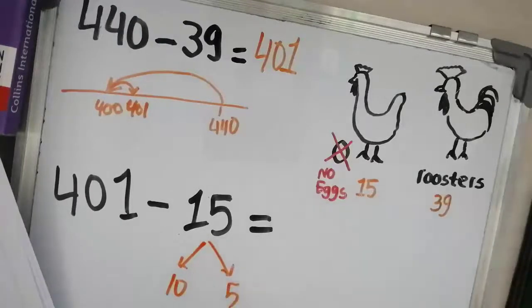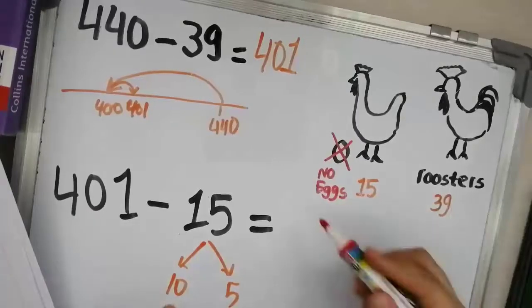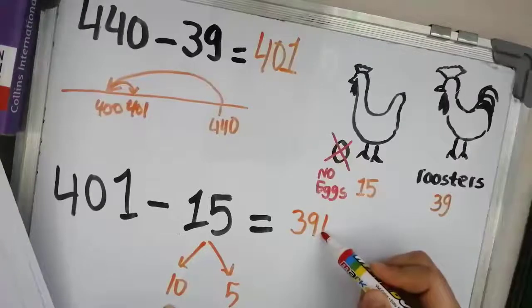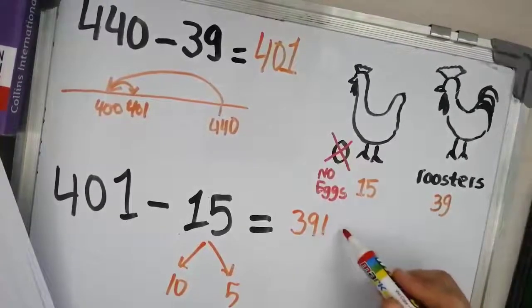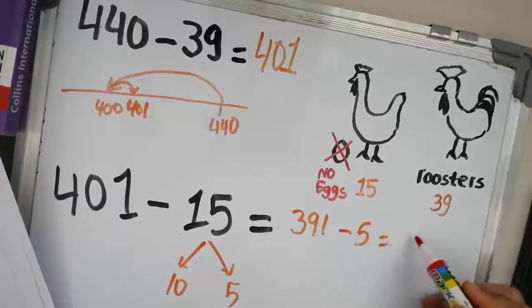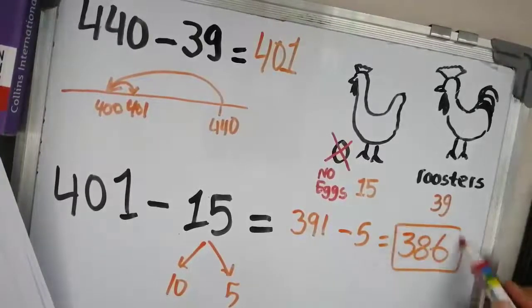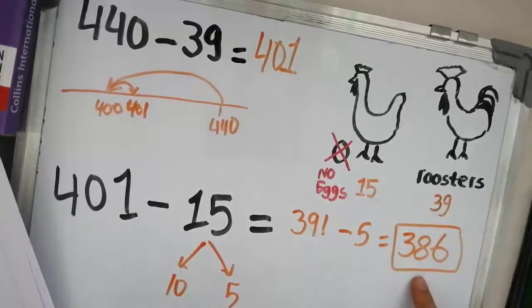This is another way of subtraction. 401 minus 10 is 391. Then 391 minus 5 is equal to 386. Okay, so the number of hens that lay eggs is equal to 386. All right?